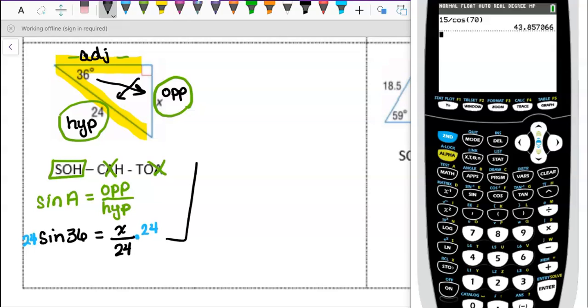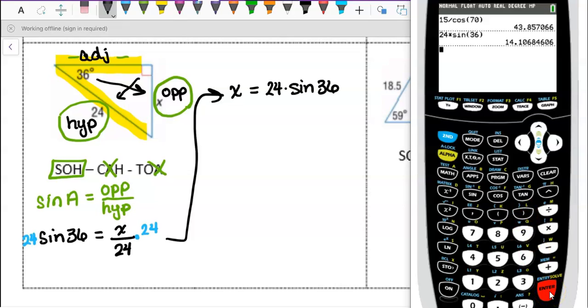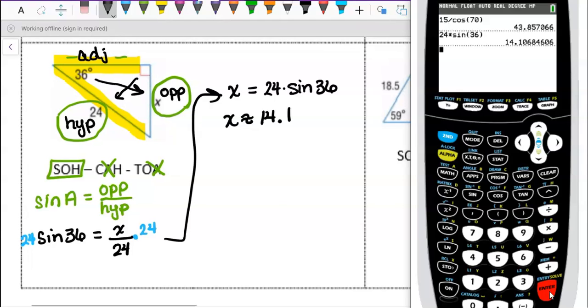So that is going to give me that x equals 24 times the sine of 36. Then we put it in our calculator to get an approximate. So 24 times the sine of 36, then end our parentheses, and that is approximately 14.1.